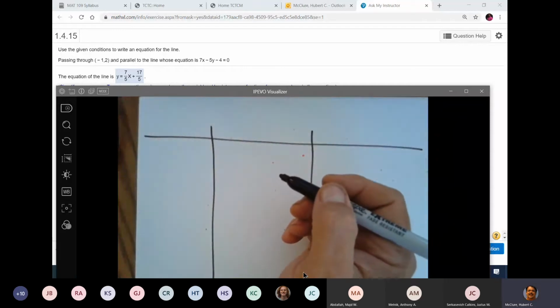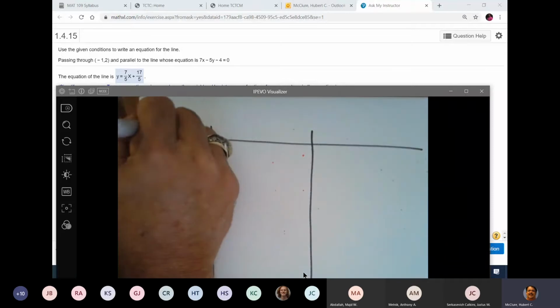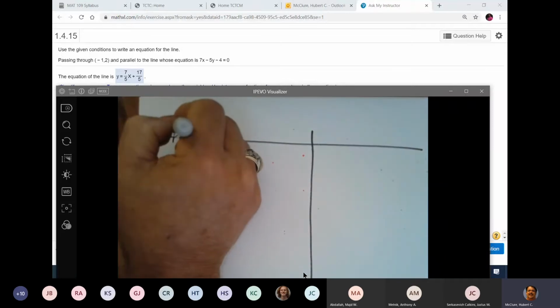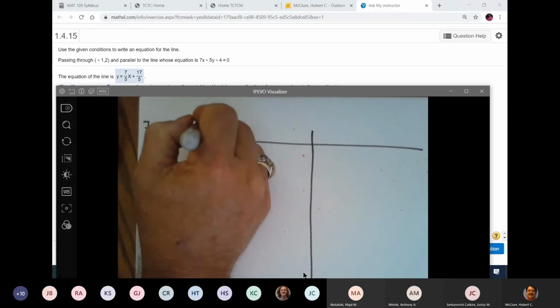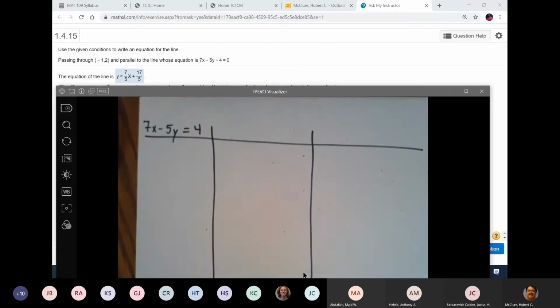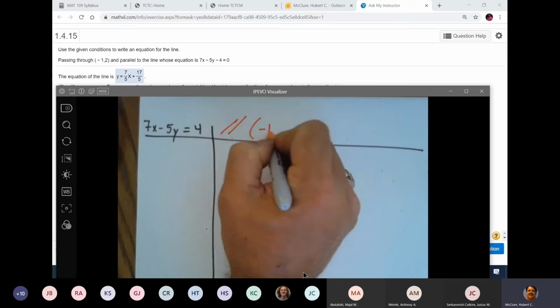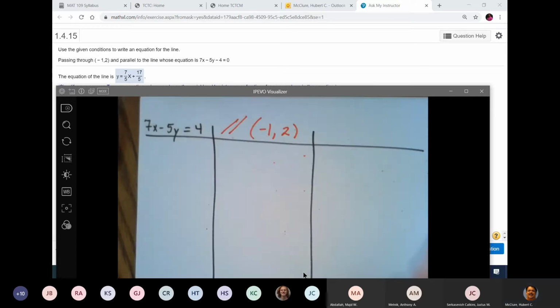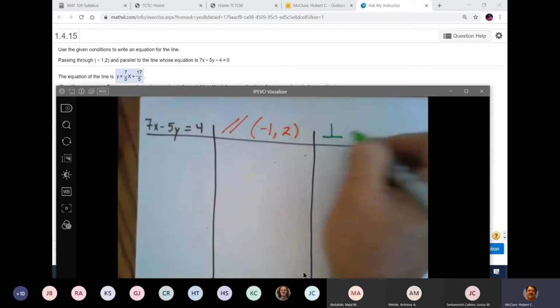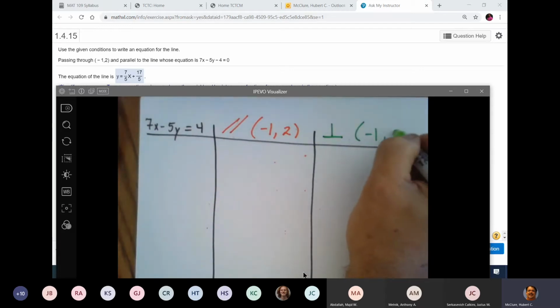So 7x minus 5y is equal to 4. And we want an orange parallel going through -1, 2, and a green perpendicular going through -1, 2.